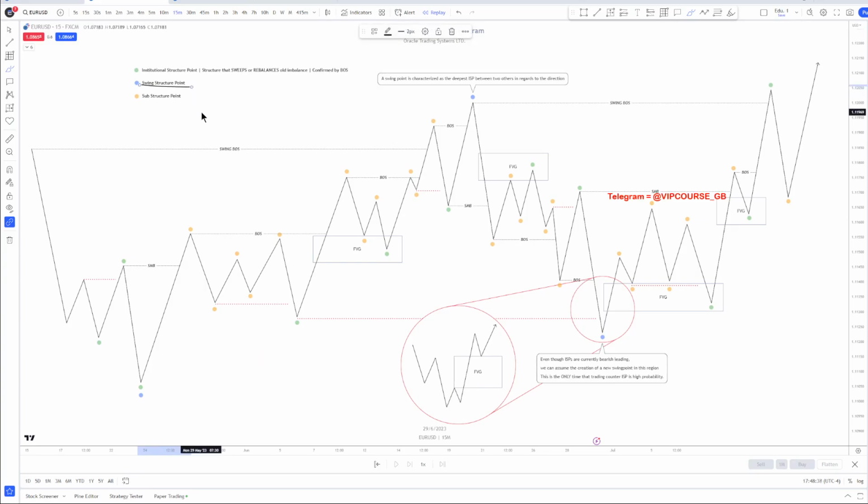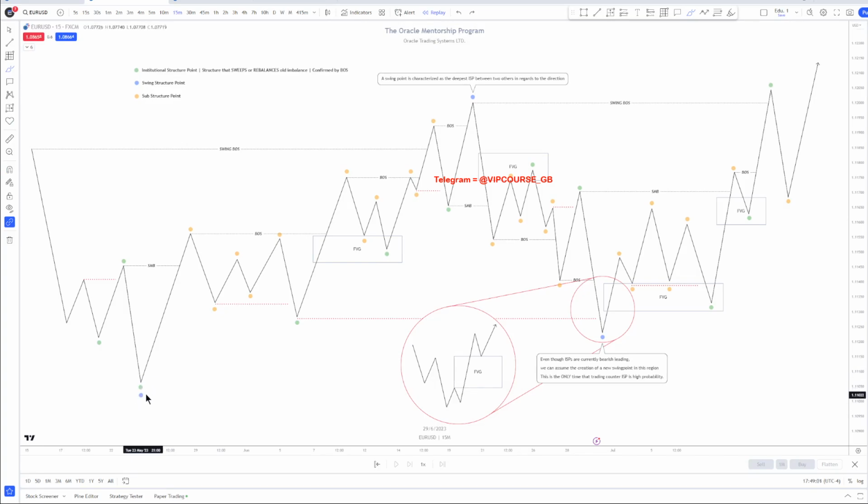Swing structure point is the second most important type of structure. It is characterized by, when we're looking at a low here, it would be a low which is an ISP, right? All swing structure points are ISPs, okay?